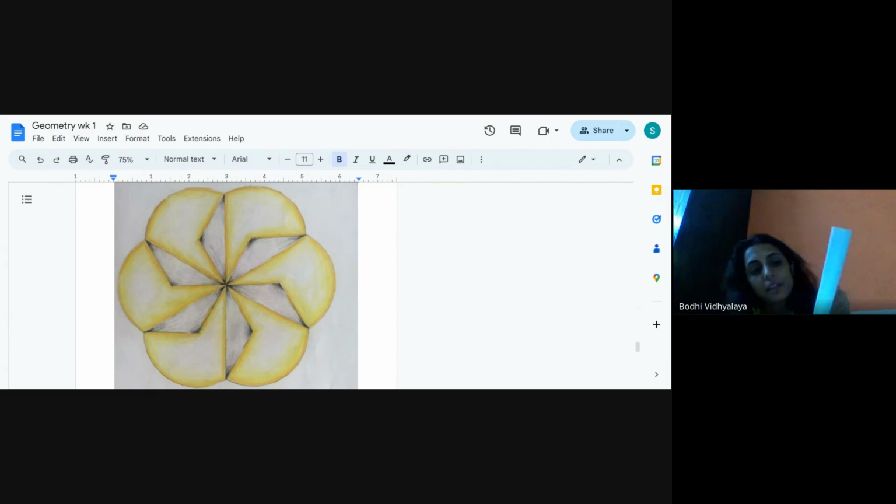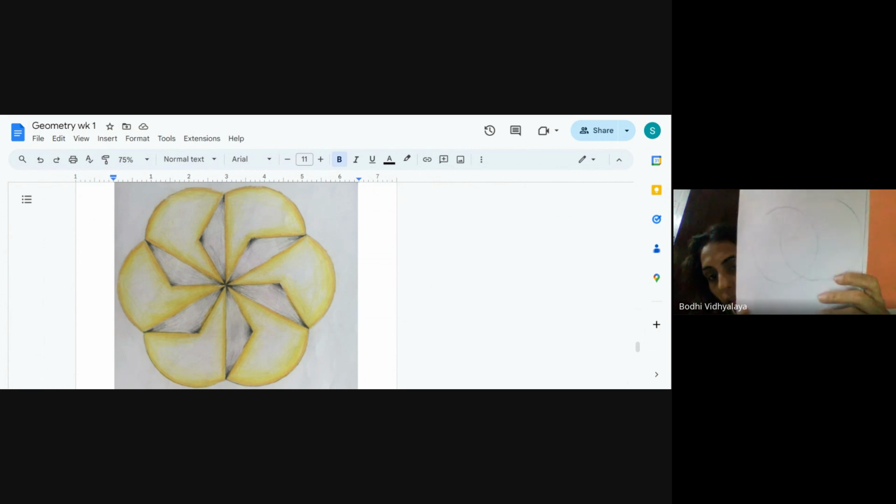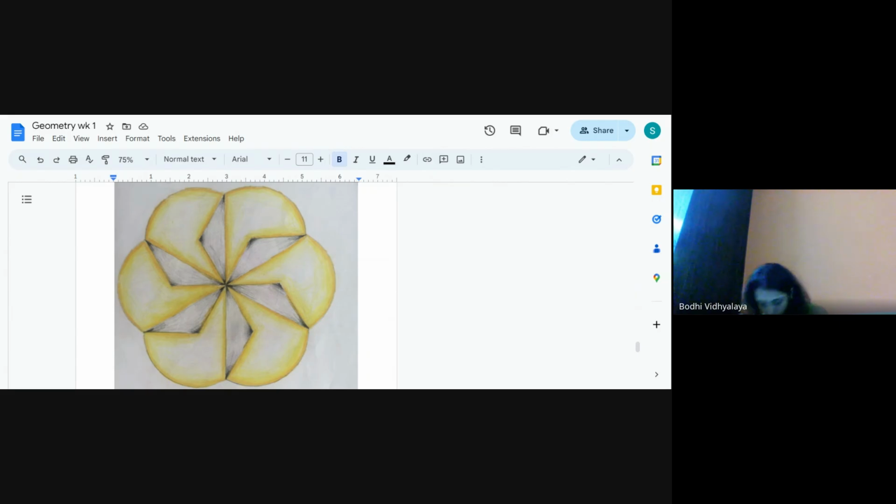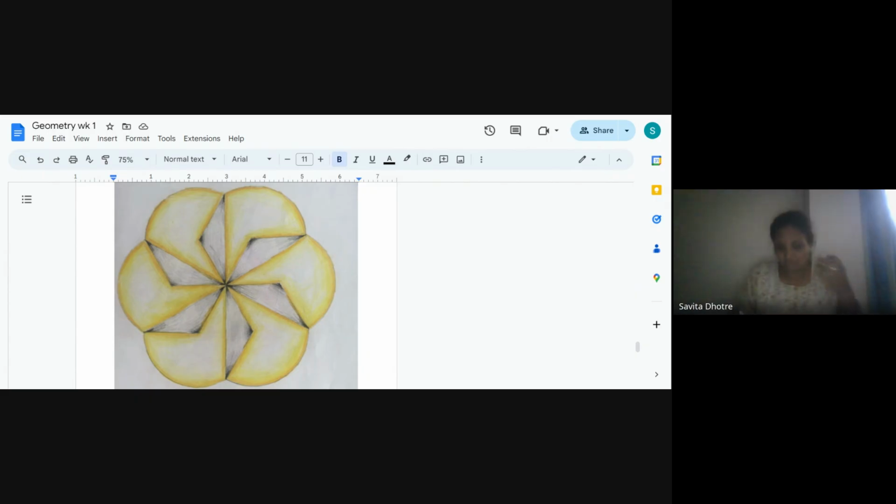So there will be overlapping circles like this. If you're not getting all six, then you have to reduce the circle itself. So just see if you're managing.